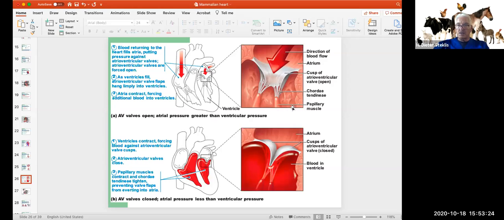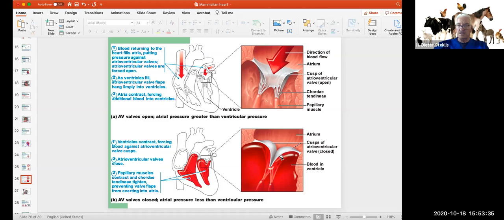So you can also see here, especially in this picture, how when you have blood in the ventricle, it pushes up against these cusps of the atrioventricular valve, and it closes up. Right? These two things meet in the middle, and that prevents any blood flowing back into the atrium.